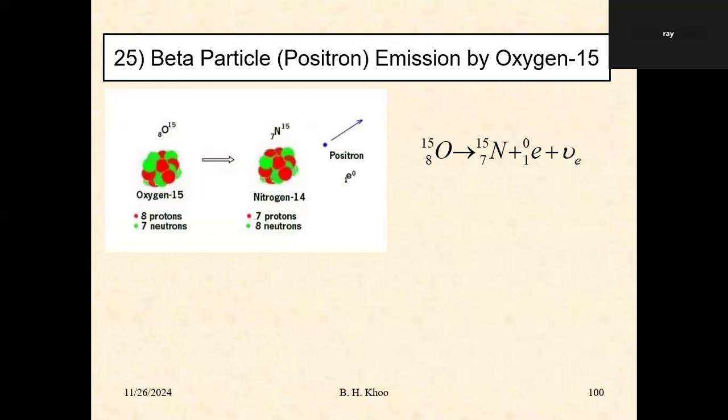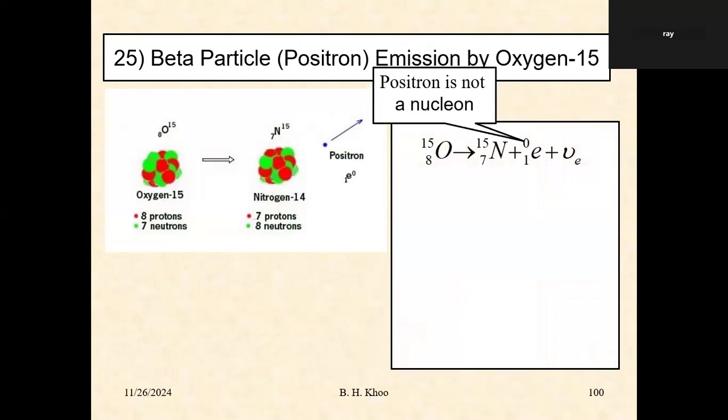Okay, let's go to beta particle positron emission. Example, oxygen 15. This is a symbol for positron, 0, 1. The subscript represents the proton number.